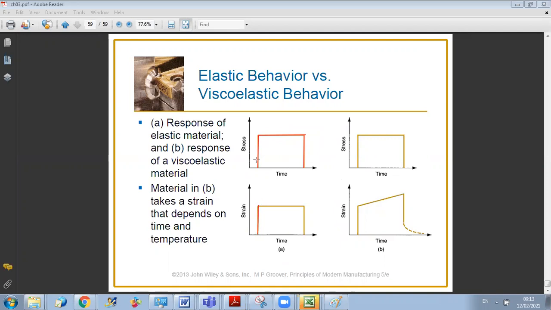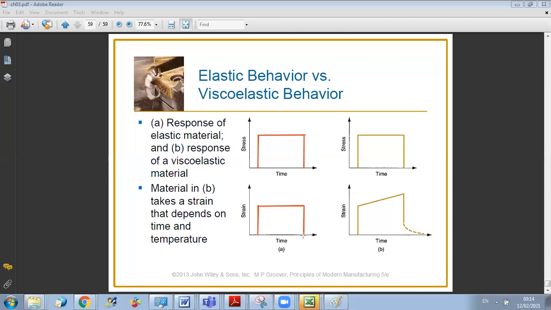So when I apply instantaneous stress, I have an instantaneous increase in strain. Then when I keep the stress constant, the strain will remain constant. And finally, when I remove the stress, the strain will also instantaneously go to zero. So this is the response of an elastic material.